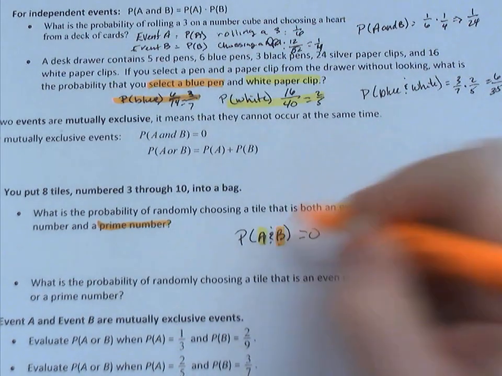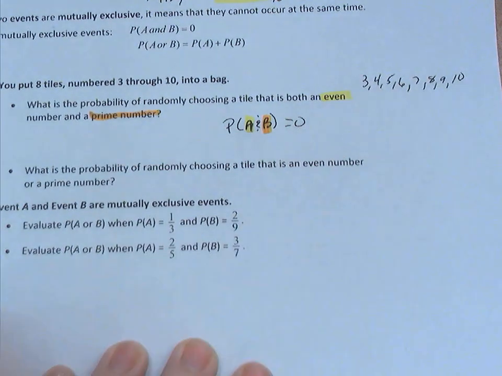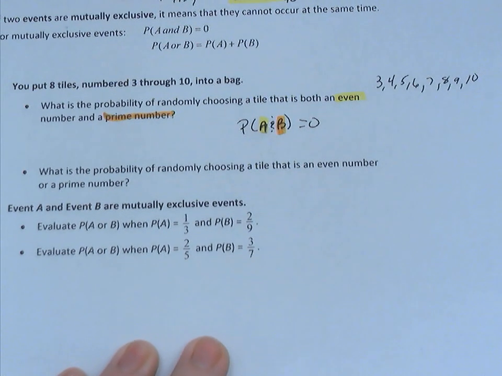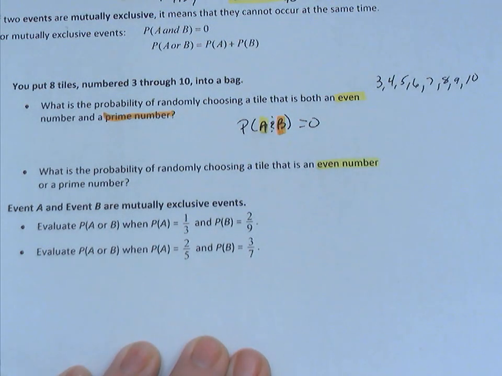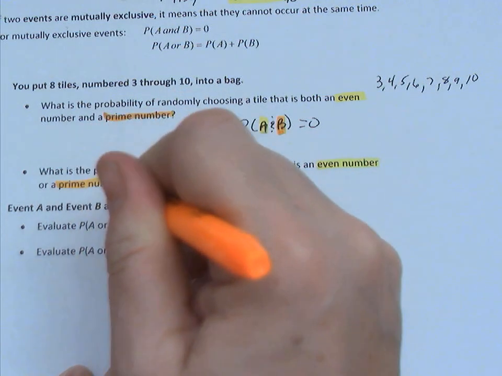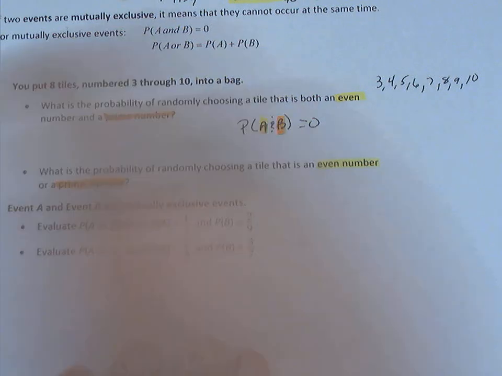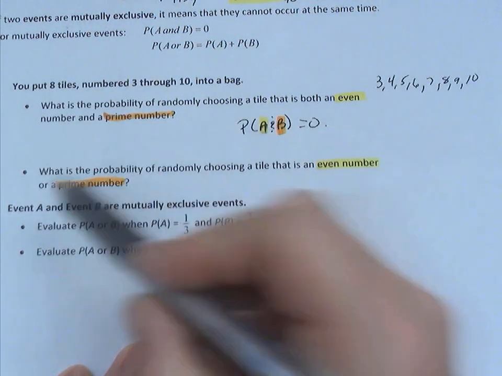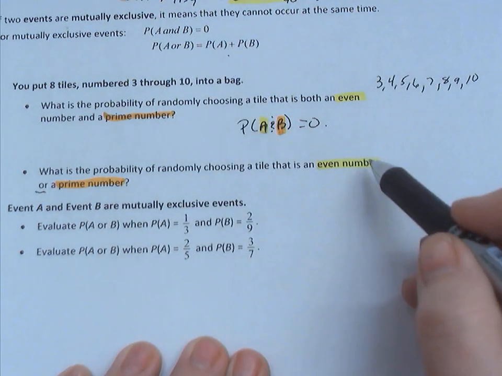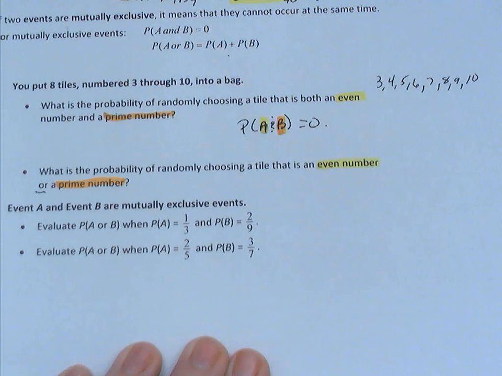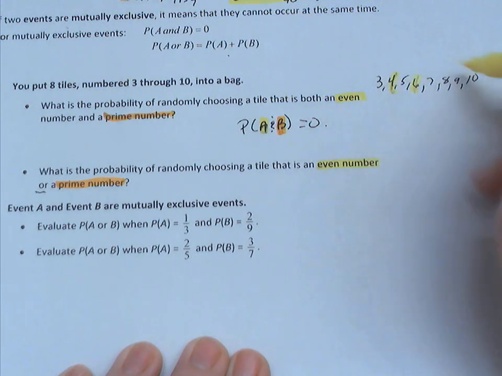But then I look at the next part, and it says, what's the probability that it is even or prime? And remember that or is the key. They don't share anything in common, which means the and is 0, but an or means I add them. So right here I have an or, I add their probabilities. The probability of an even number: even numbers up here are 4, 6, 8, and 10.